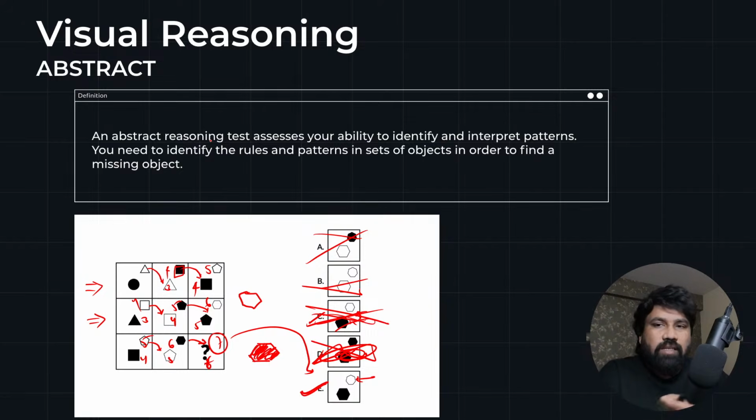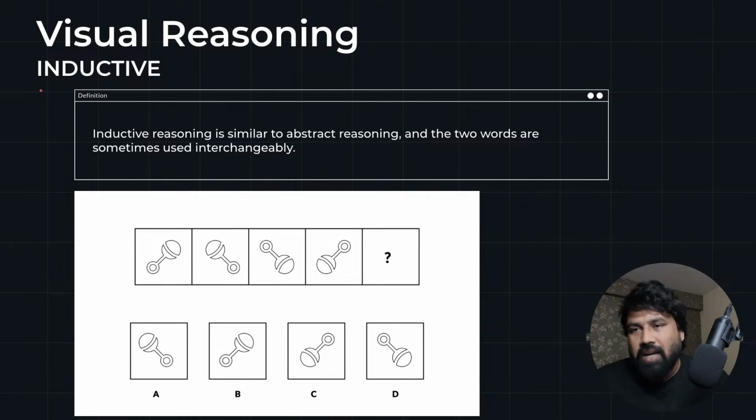Okay. So guys, have you heard clear about abstract reasoning, right? Next, we will see inductive reasoning. Inductive reasoning is nothing but instead of a grid, they will give you a series of pictures.